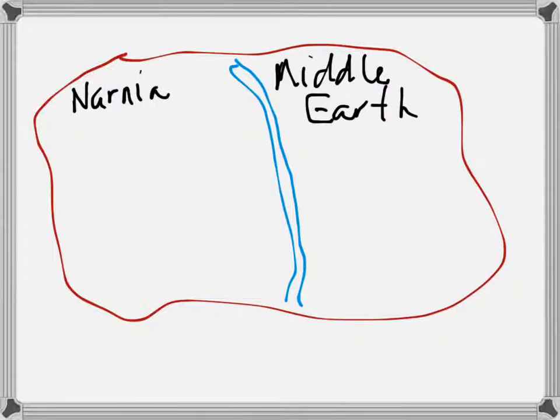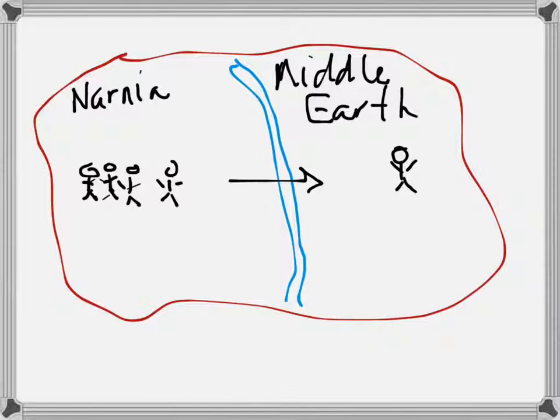So initially, let's say there's a whole bunch of people in Narnia. Now they need to have arms, or they can't farm. This represents like thousands of people or something. So a bunch of people in Narnia, and only a few people in Middle-earth. Well, some of the people from Narnia are going to move over here because there's more space.